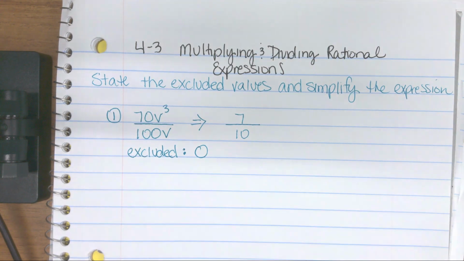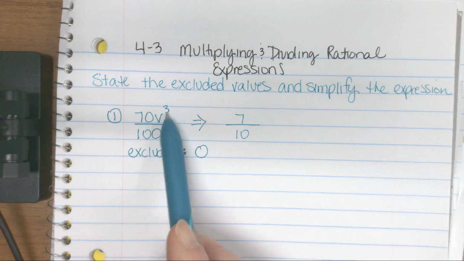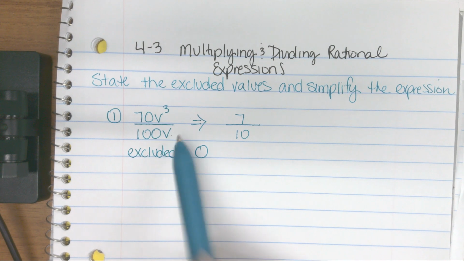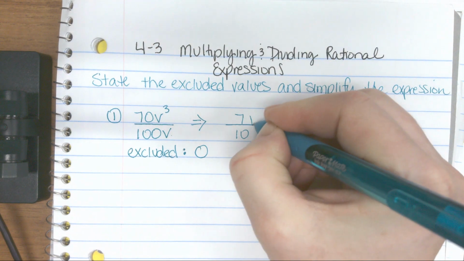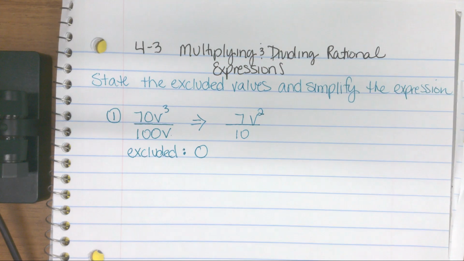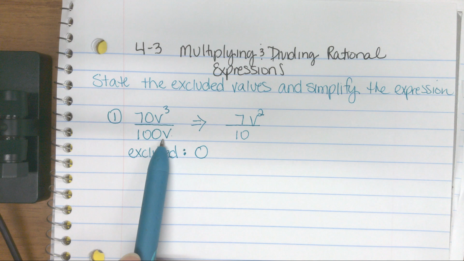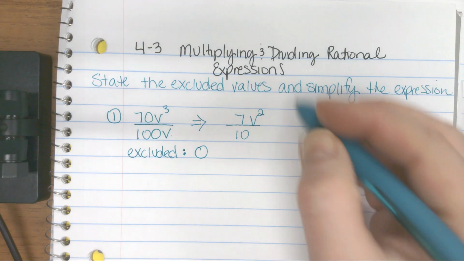We can't reduce that fraction any more than that. And then let's simplify v cubed divided by v. That would just be v squared. So the excluded value, before I simplify, would be when v equals 0. This is what's simplified.